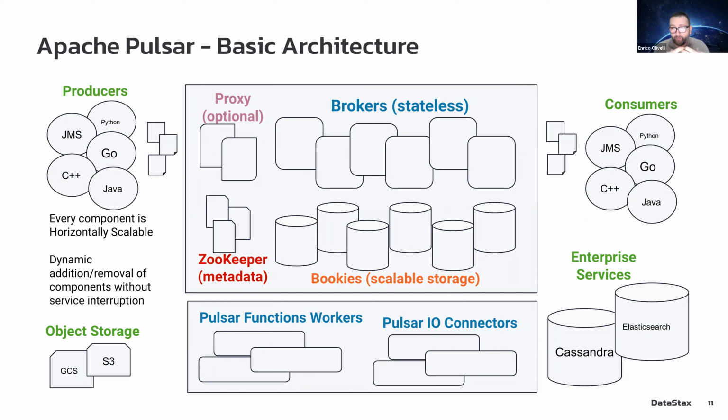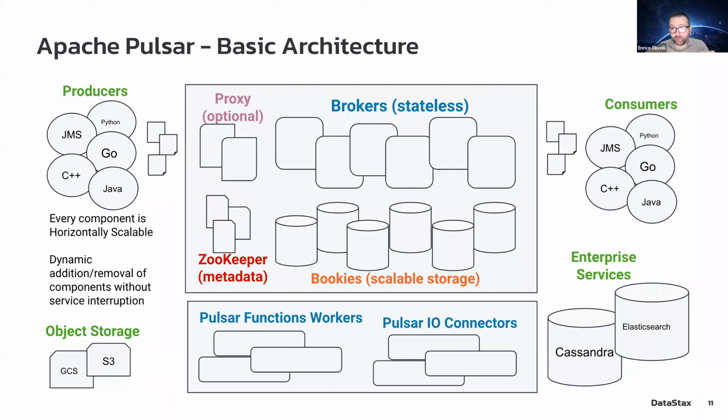So if you install a Pulsar cluster, you have the brokers that are the processes, the services that dispatch messages, and the brokers are stateless, so you can scale out and scale down the brokers very easily. And you have the bookies that are the storage nodes. These are implemented with Apache BookKeeper, and this is the same thing.